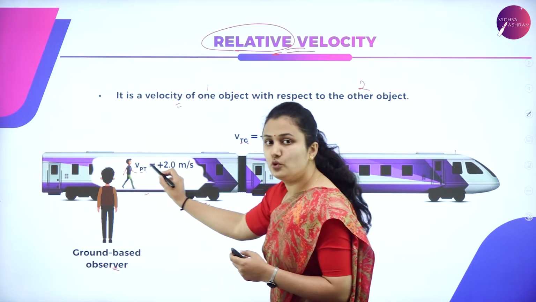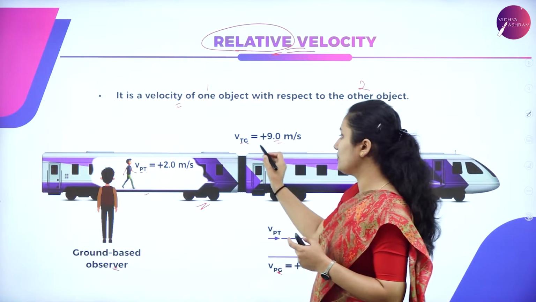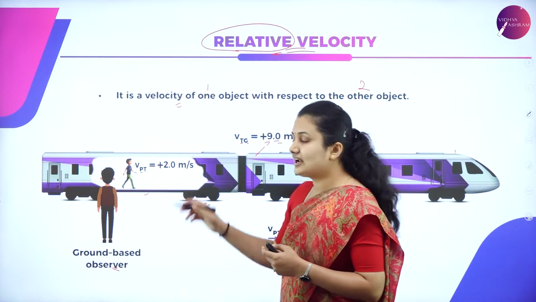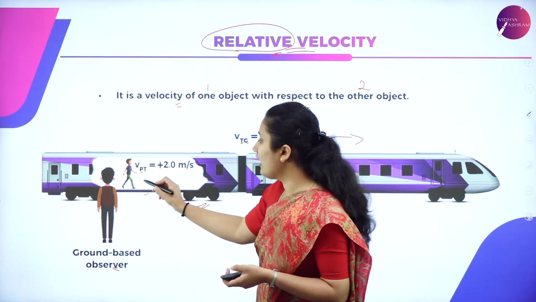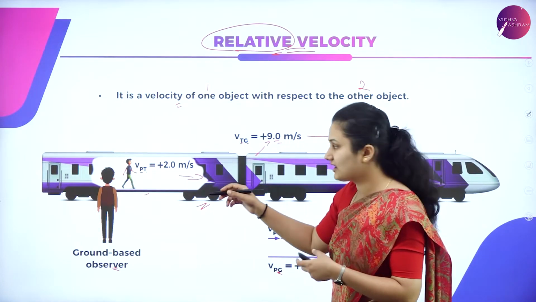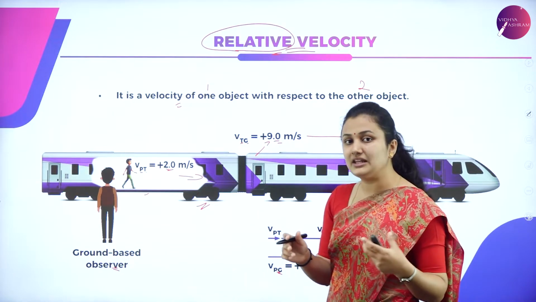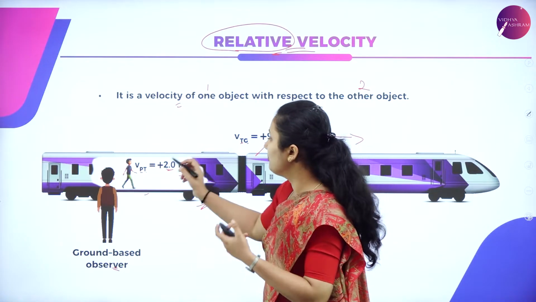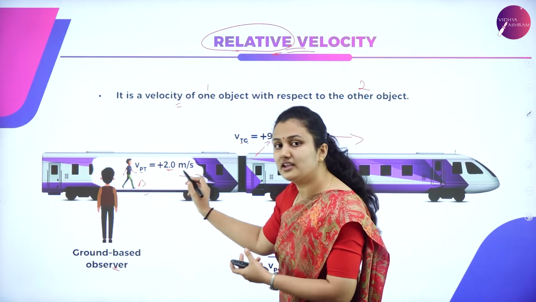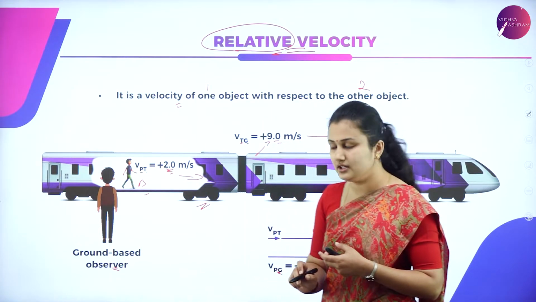The train is moving towards the right with a velocity of 9 meters per second. This is the velocity of the train. There are passengers in the train. A passenger, say passenger B, gets up and starts to walk inside the moving train towards the right with velocity 2 meters per second.